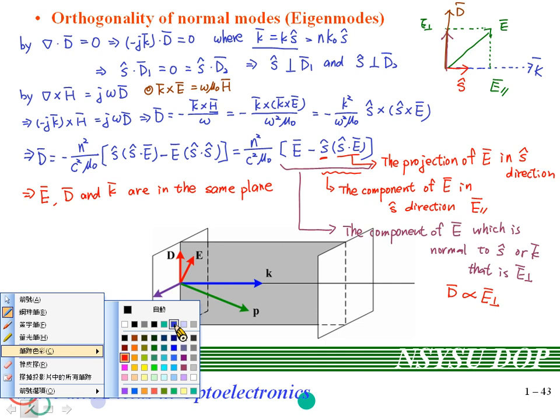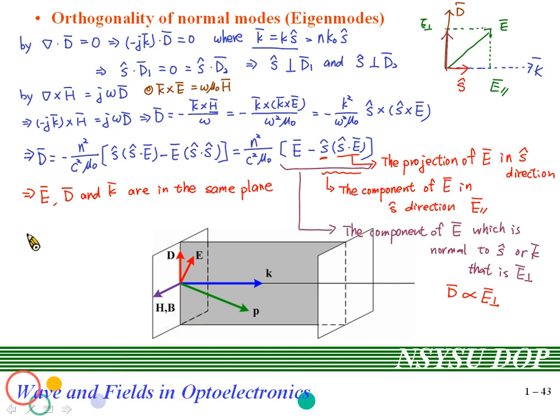Besides, I would like to remind you that according to divergence B is 0, we can also have K dot B and K dot H, both of these two are 0.